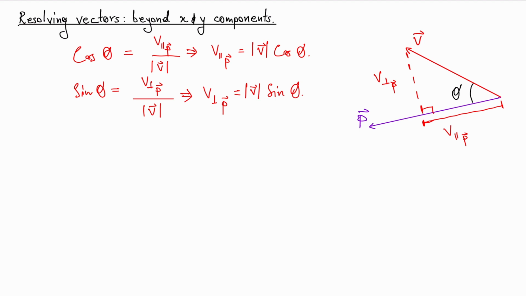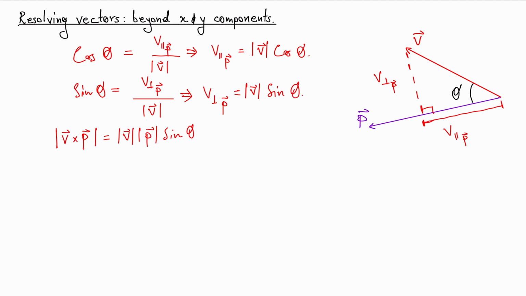So this is where we use the definition of a cross product. Remember that the magnitude of V cross P is given by the magnitude of the first vector times the magnitude of the second vector times sine of theta in this case.